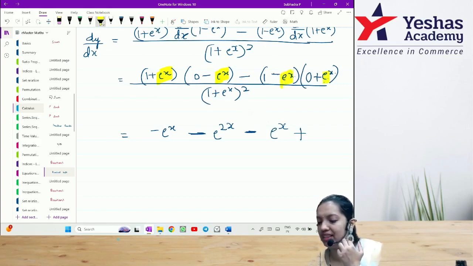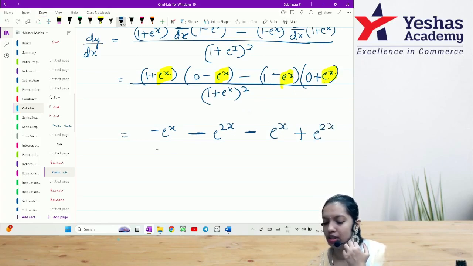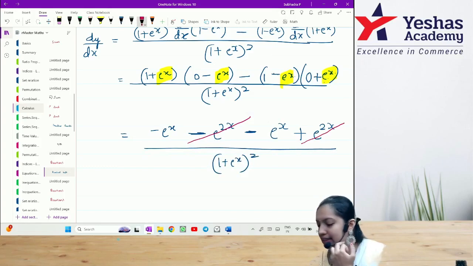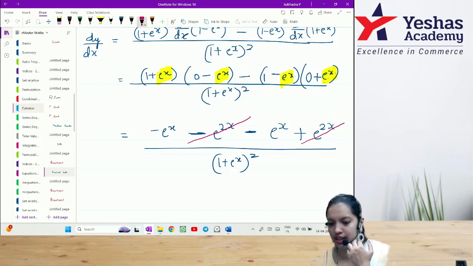Again e power x into e power x, what will it become? e to the power of 2x, whole divided by 1 plus e power x the whole square. Now look, plus e power 2x minus e power 2x gets cancelled. Minus e power x minus e power x, it's like minus 1 minus 1, minus 2. Similarly this will become minus 2 e power x divided by 1 plus e power x the whole square.